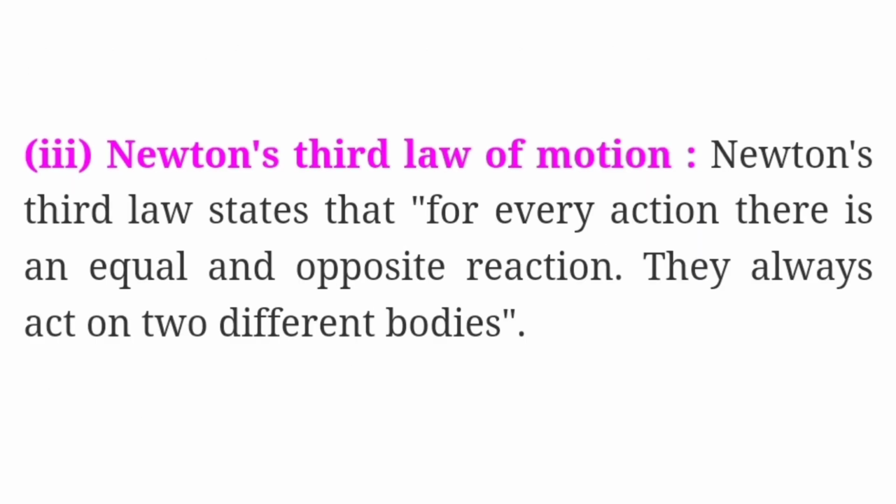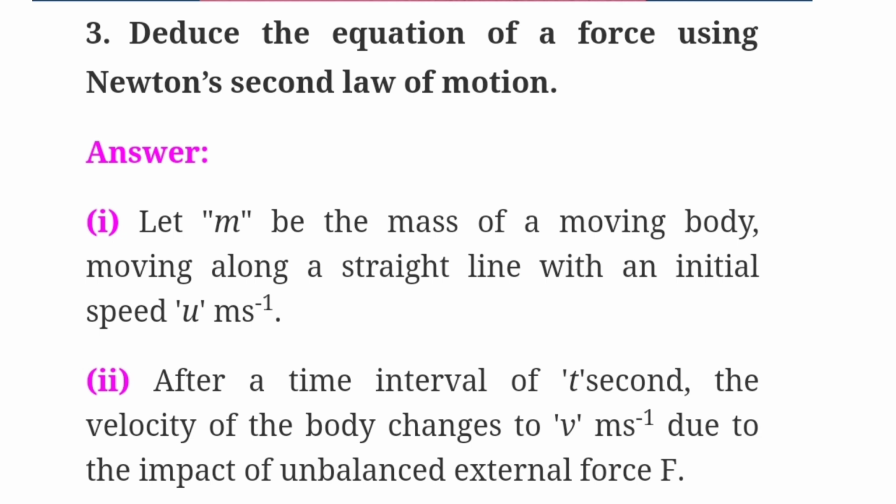Third point, Newton's third law of motion. Newton's third law states that for every action there is an equal and opposite reaction. They always act on two different bodies. Third question, derive the equation of force using Newton's second law of motion.